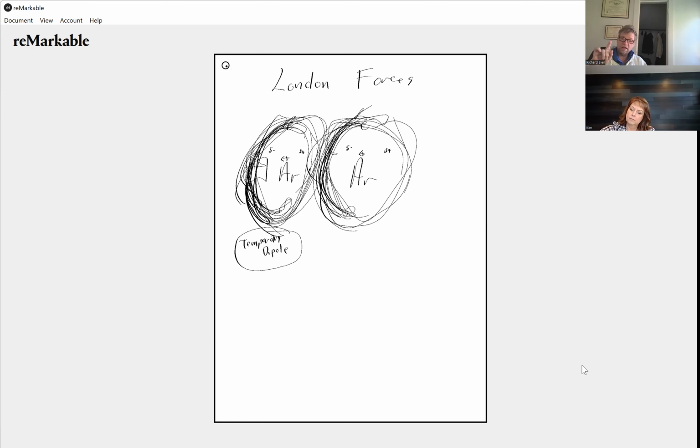But the only requirement to have London forces is to have an element or compound with valence shell electrons. How many elements and how many compounds have valence shell electrons? All of them.